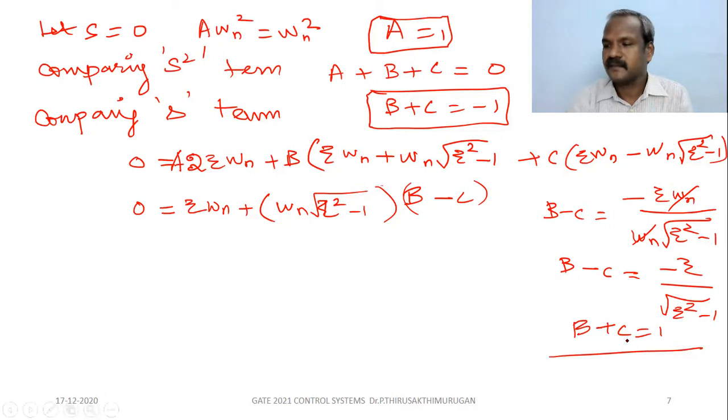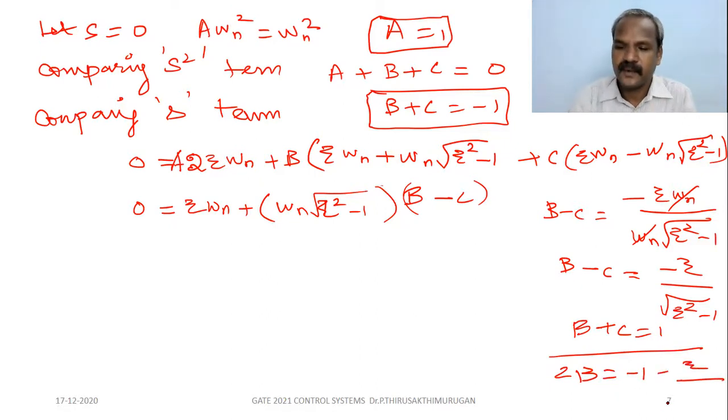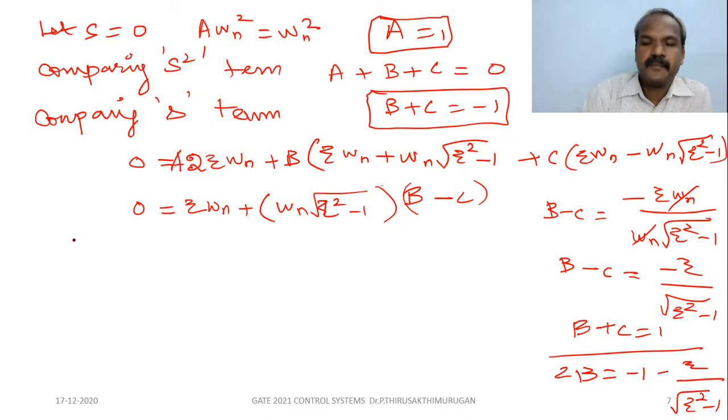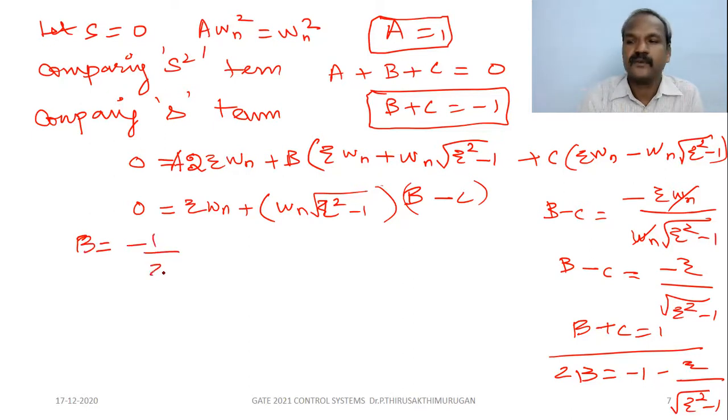If we solve this, it becomes 2B equal to minus 1 minus zeta divided by square root of zeta square minus 1. Right? So B becomes minus 1 by 2 of 1 plus zeta by square root of zeta square minus 1.